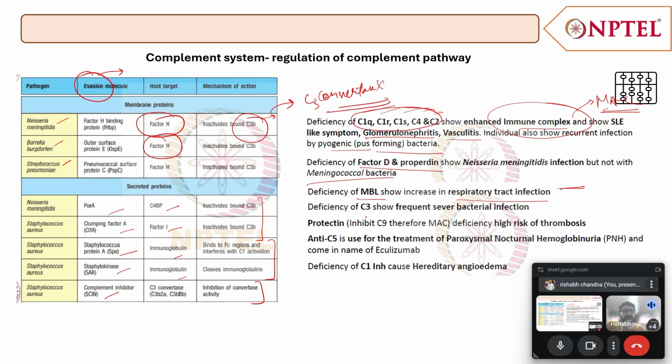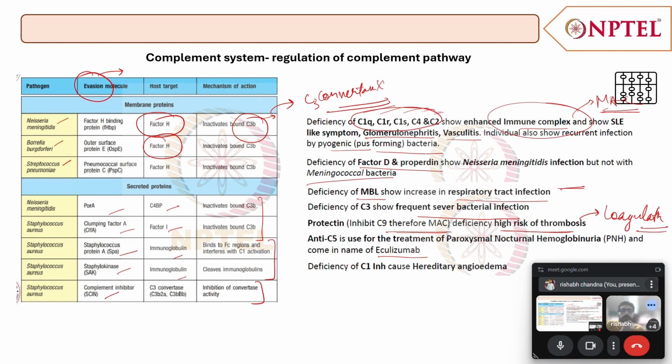Deficiency of C3 shows frequent severe bacterial infection. Protectin inhibits C9 binding, therefore MAC deficiency has high risk of thrombosis, that means coagulation of blood. Anti C5 is used for the treatment of paroxysmal nocturnal hemoglobinuria (PNH) and comes under the name of eculizumab.